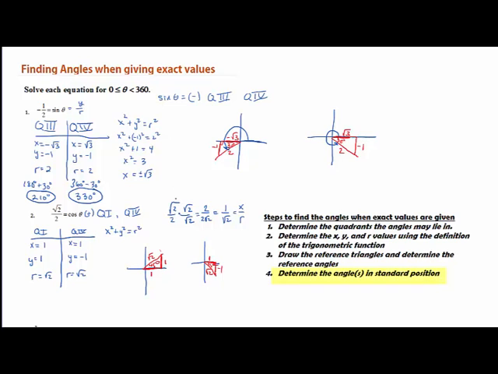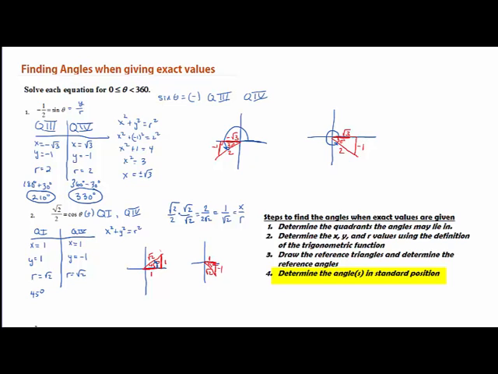The final step, we need to figure out what the angle is. Well, from standard position, if I start on my positive x-axis and rotate until I hit my terminal side, I get this angle here, which, guess what, is in fact 45 degrees. Our reference angle and our actual angle in standard position are exactly the same in quadrant 1.